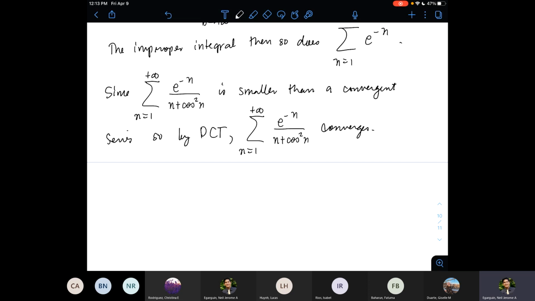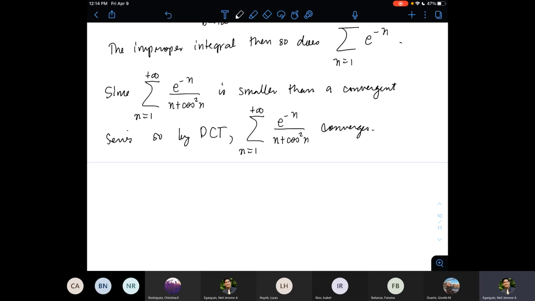Is that good? Any questions? So this problem is a hybrid between the direct comparison test and the integral test. For the comparison test, I need to come up with a testing series that I know to be convergent or divergent.